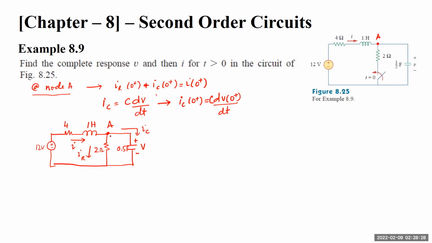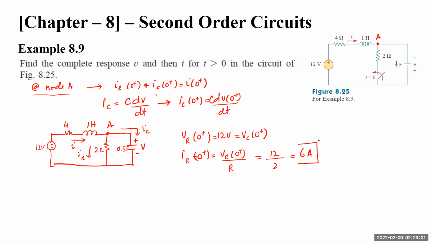So at time t equals 0, VR(0+) will be equal to 12 volts, which is equal to VC(0+). So IR(0+) is equal to VR(0+) divided by the resistance, that is 12 divided by 2 ohms, equal to 6 amperes.